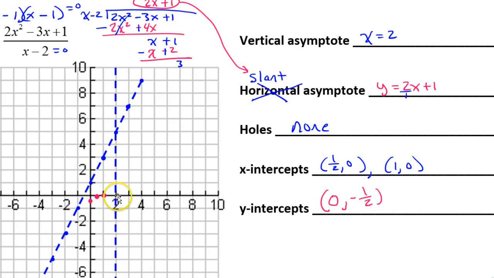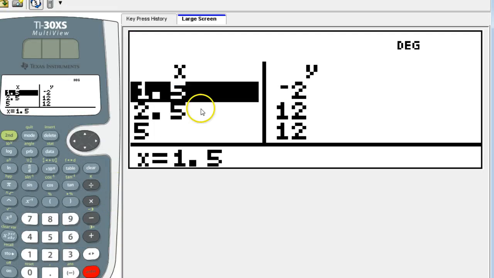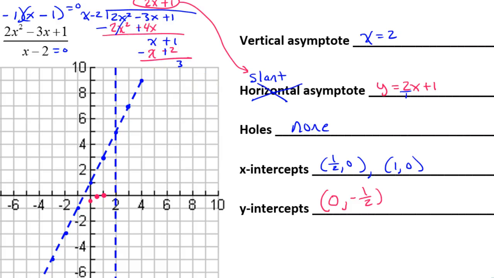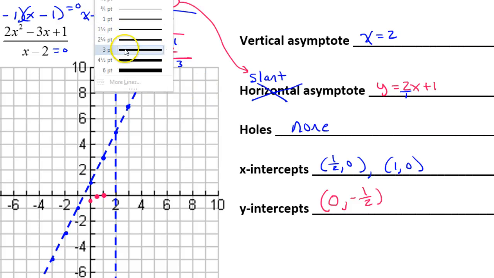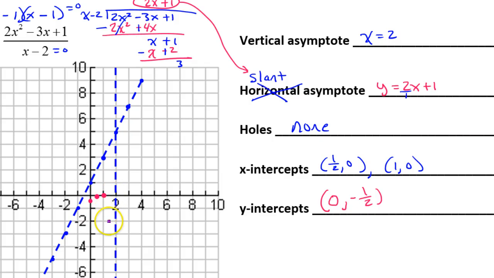Alright, so I like to know what's happening just barely to the left and right of a vertical asymptote. So I see the vertical asymptote is at 2. So I want to know what's happening at 1.5. So at 1.5 we have -2. So let's go ahead and plot that. Okay, so that would be right here. Alright, that gives me a very clear picture of what's happening inside of here.